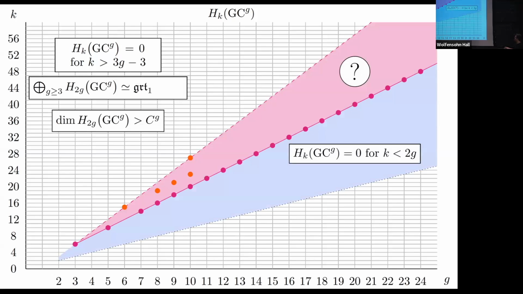Now we can add what's known on this graph complex. This is the result of Willwacher, that this blue wedge is vanishing for degrees smaller than 2g. And on this pink line here, there are these pink dots living, and they represent this Grothendieck-Teichmüller Lie algebra that corresponds to the multiple zeta values. And these orange dots here are explicit computations that have been done by a computer, and they go up to 10 loops.